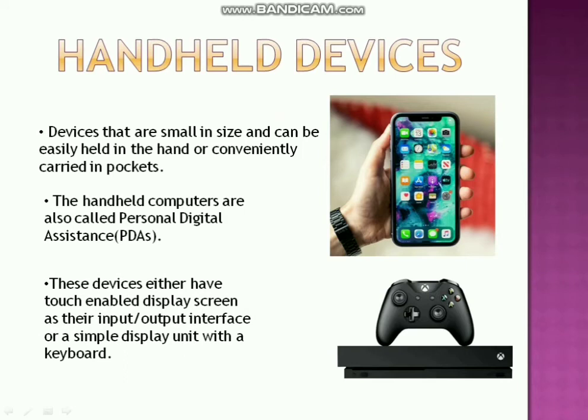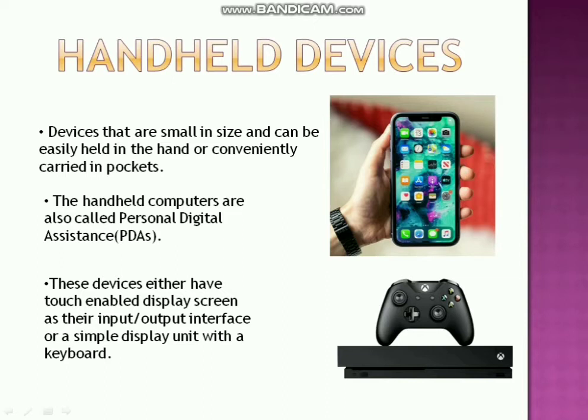These devices either have a touch-enabled display screen as their input and output interface, or a simple display unit with a keyboard. You can compare this with smartphones. In smartphones, you have the touch screen as the interface for both input and output. But in some devices you will have other controls.